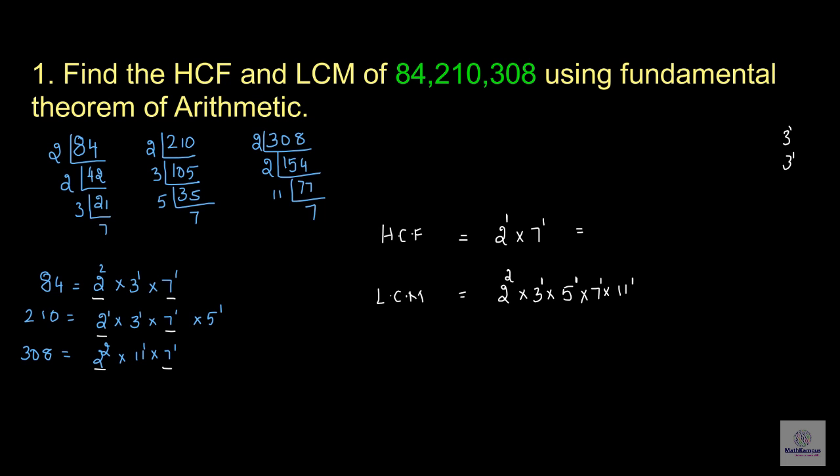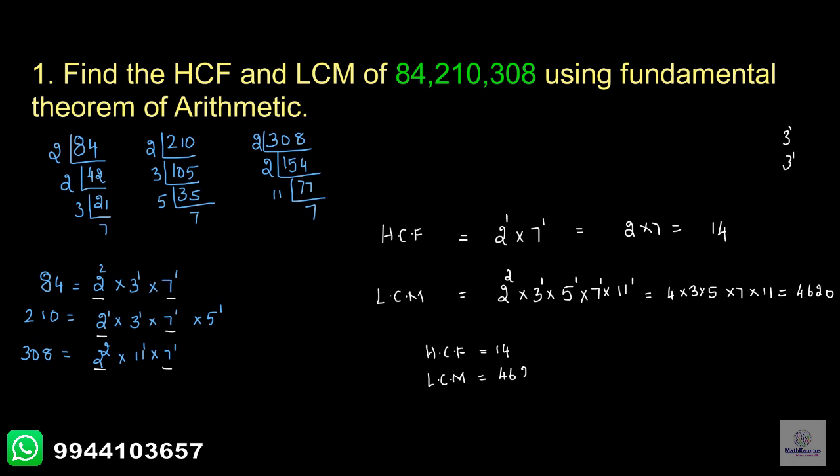So 2 into 7, 14 is my HCF. Whereas 4 into 3 into 5 into 7 into 11, which is 4620 is my LCM. HCF is 14 and LCM is 4620.